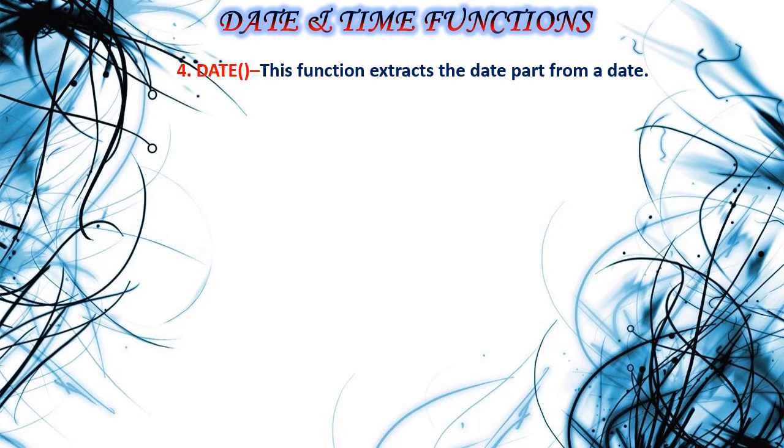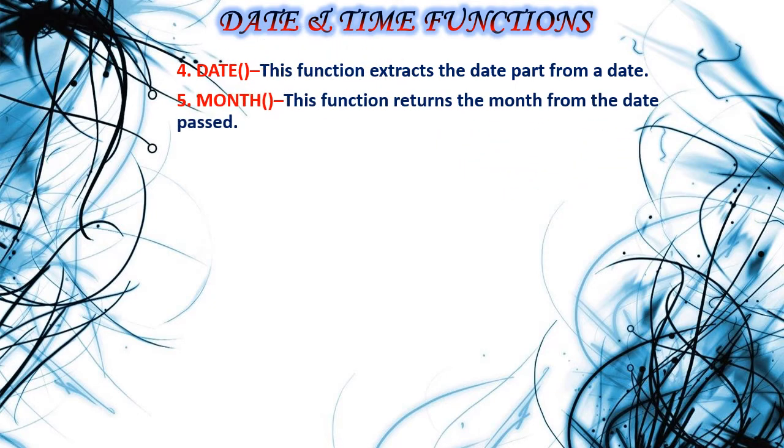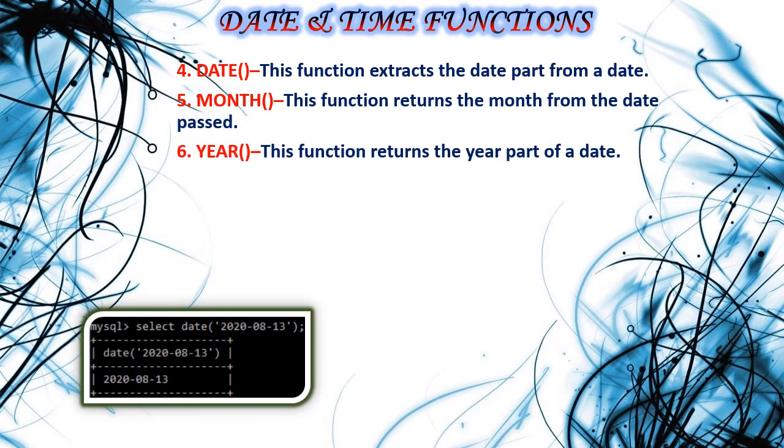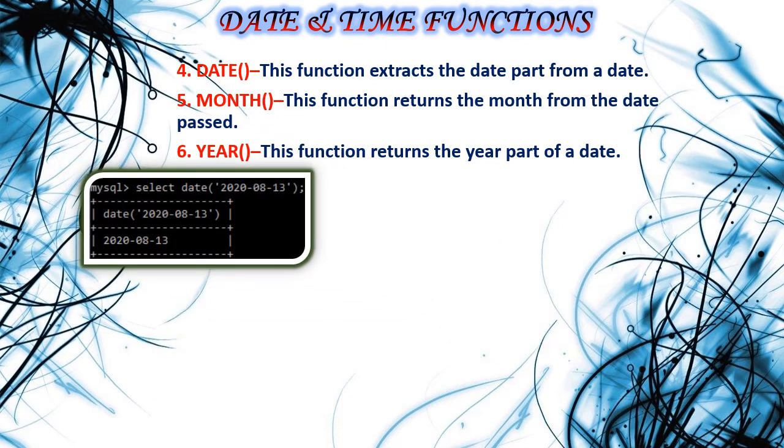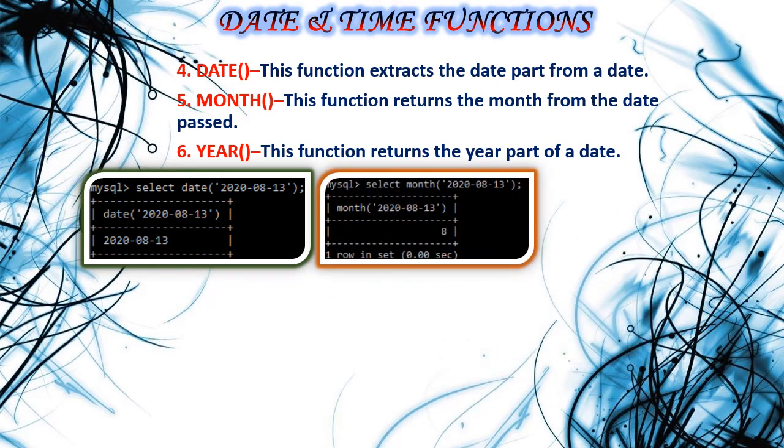The date function is used to extract the date part from a date, month returns the month of the date we are passing, and year returns the year. See here, select date of the given date, so from that the date alone is extracted.